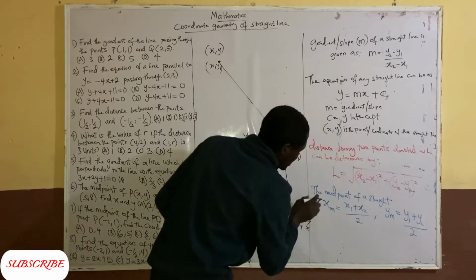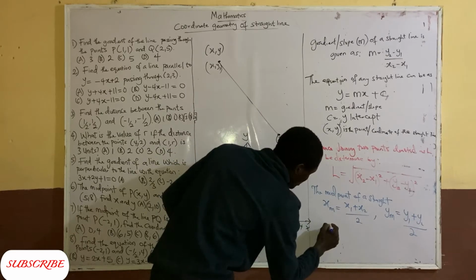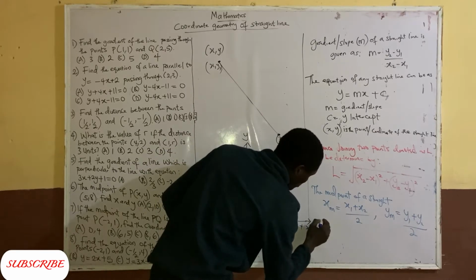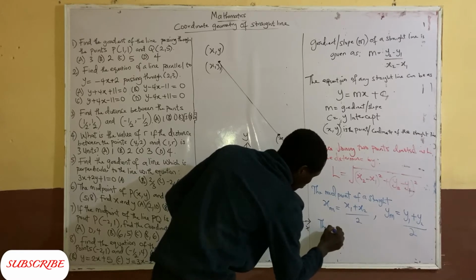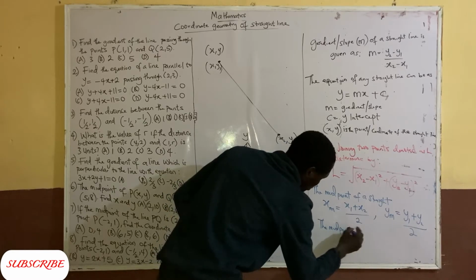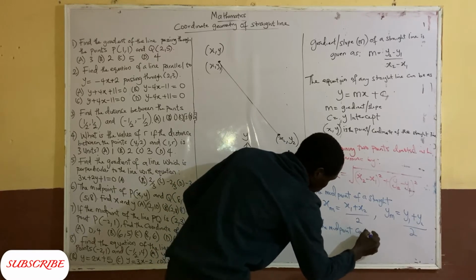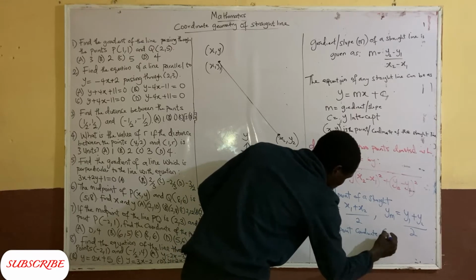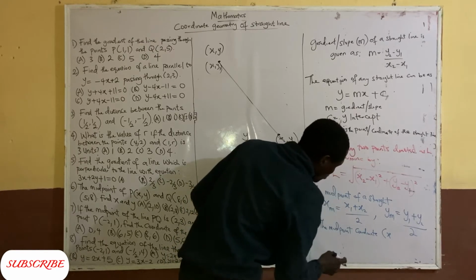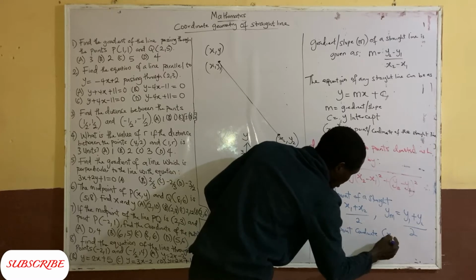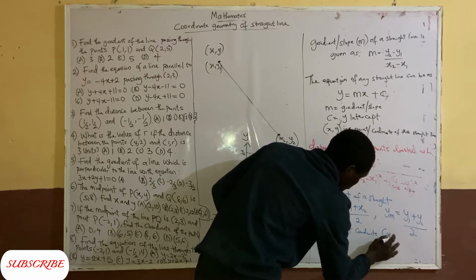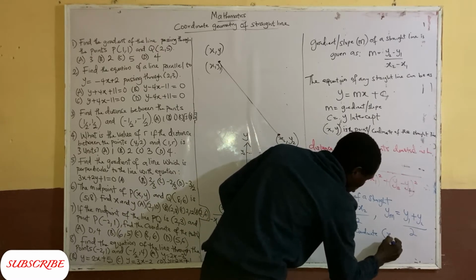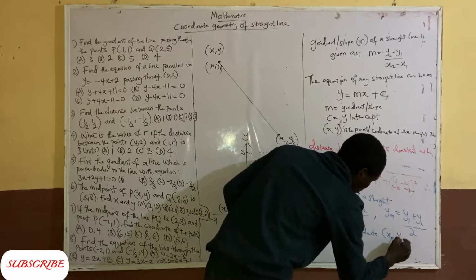So the coordinate of the midpoint will be xm comma ym.